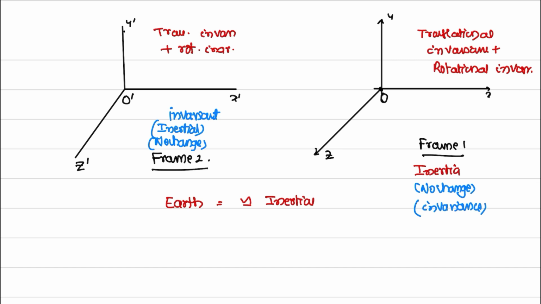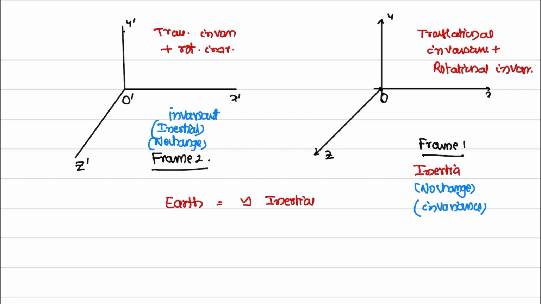If I say Newton's first law of motion, that is valid in inertial frame 1. A body will continuously be in uniform motion until and unless it is subjected to an external force.